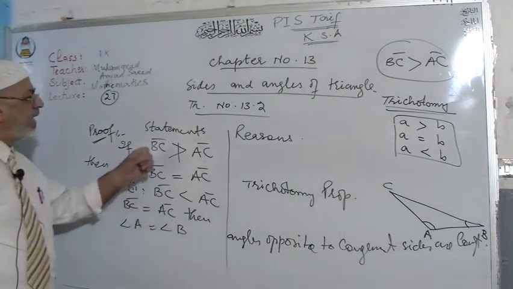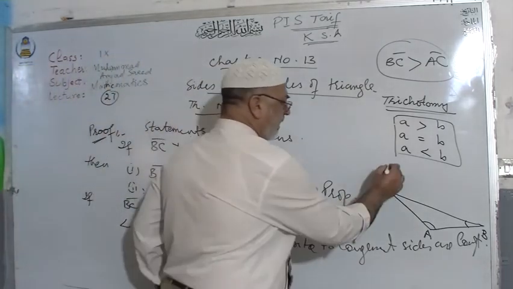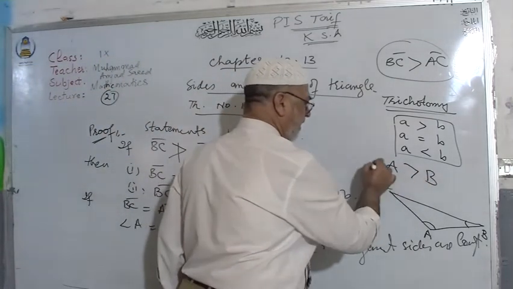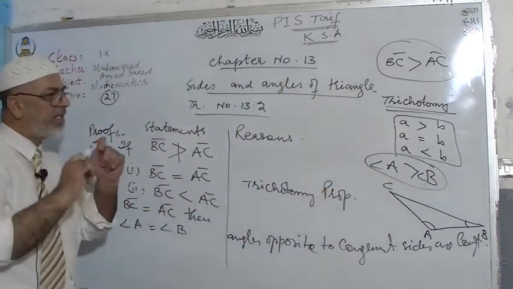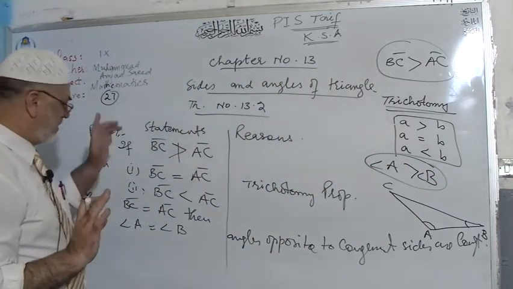But angle A was greater than angle B, that was given. So it means that the given will not be wrong.